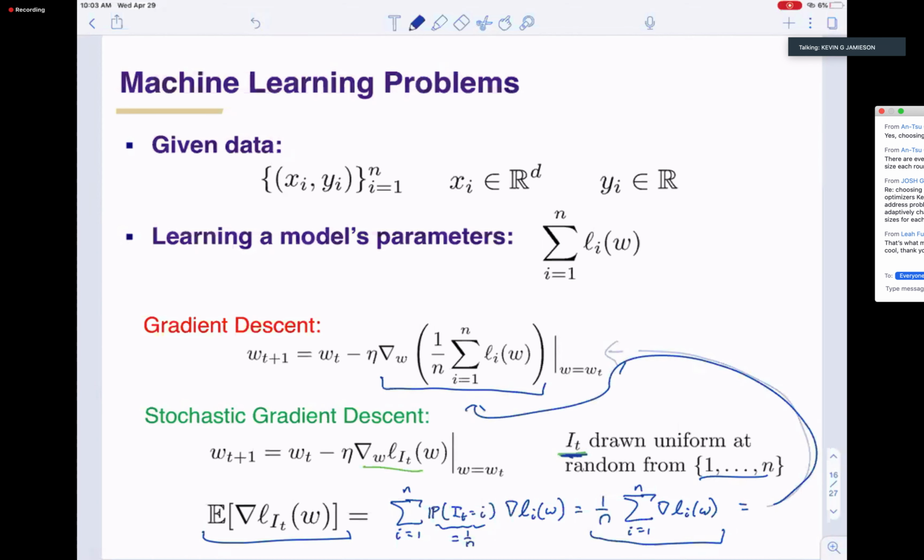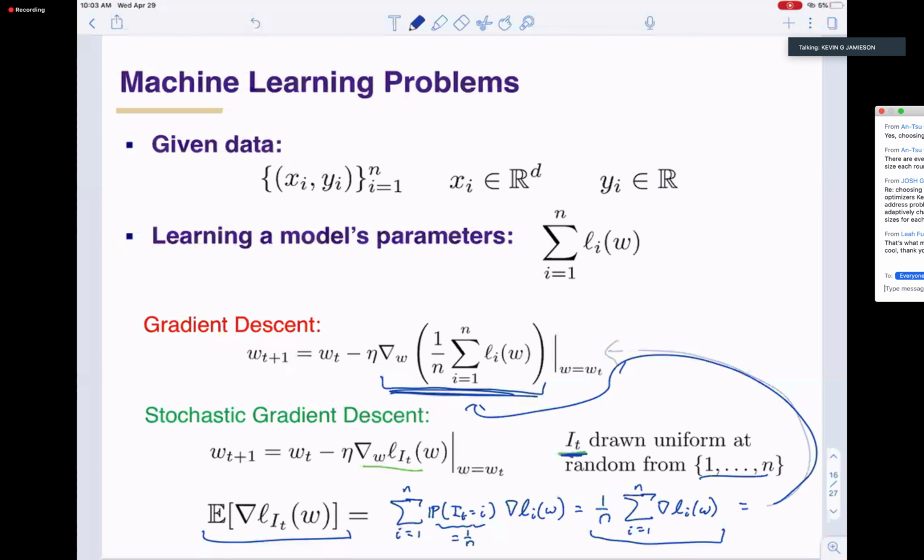And so in expectation, if we do this stochastic gradient, if we draw some data point and then perform this update, the direction that we move in expectation is equal to the true gradient. But the difference here is that computing the full gradient update is an order n operation. I need to take n gradients and sum them all together.